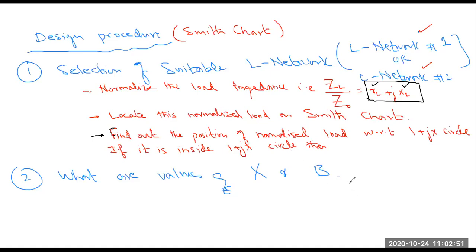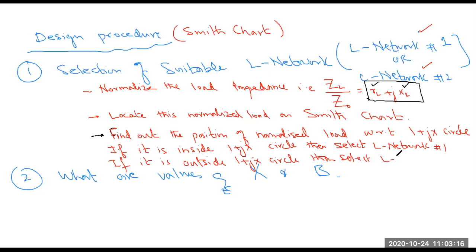So if it is inside, then select L network number 1. And if it is outside the 1 plus jx circle, then select L network number 2. So I'm talking about this network.